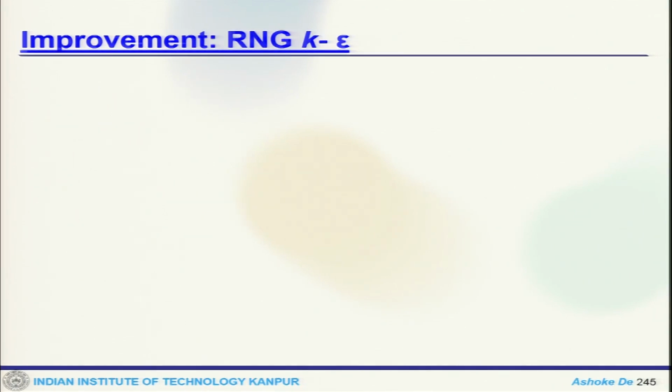Now, what is the improvement of RNG K epsilon? The K and epsilon equations are derived from the application of a rigorous statistical technique called the renormalization group method to the instantaneous Navier-Stokes equation.